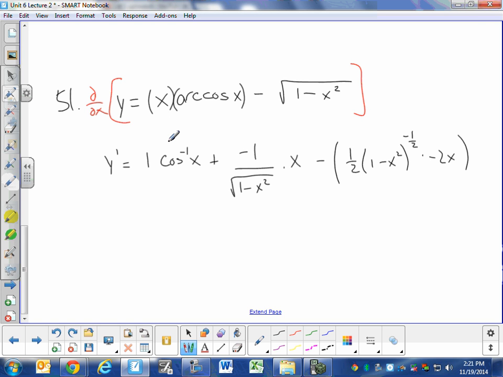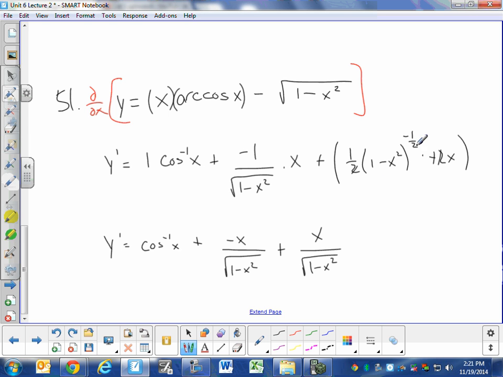Can I simplify this? I bet I can. Can you leave this as an answer? Sure. Let's see what happens if I simplify it. I've got cos inverse x, and I get negative x over this. The negative cancels, and I end up with x over root 1 minus x squared.